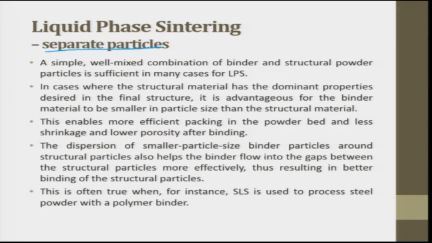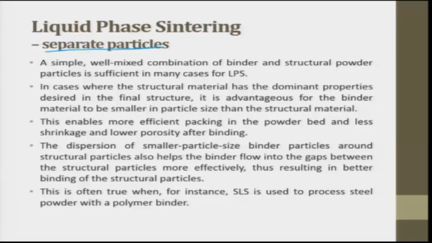That means to say, only tungsten carbide you would like to have, but cobalt is needed as a binder. So here the toughness property is sacrificed and you use it only for compressive load and high temperature withstanding for cutting tool application. This enables more efficient packing in the powder bed and less shrinkage and lower porosity after binding.